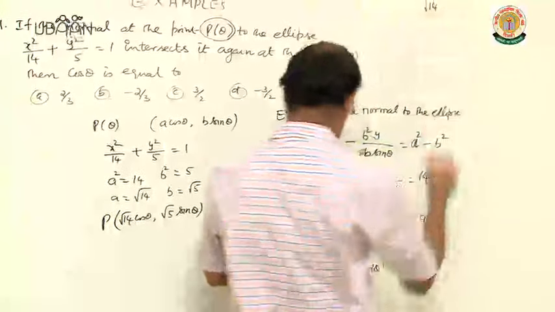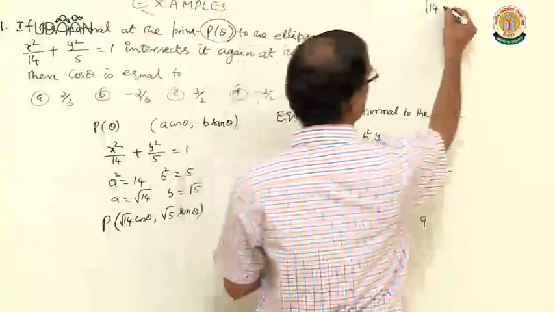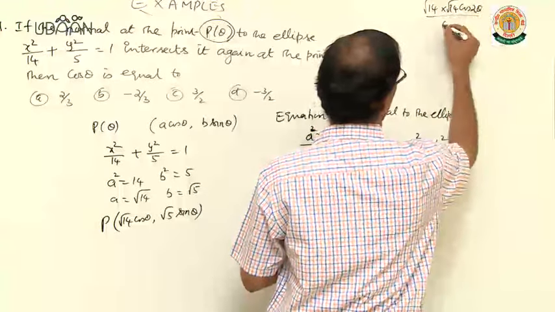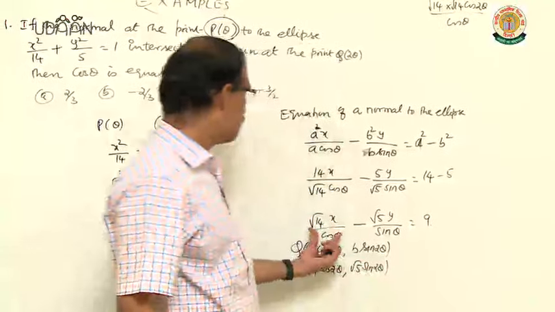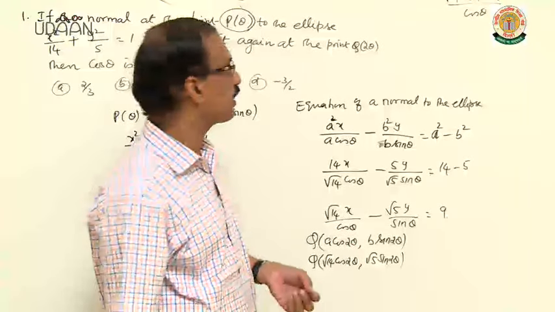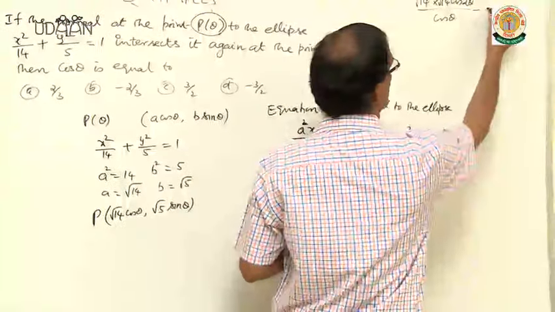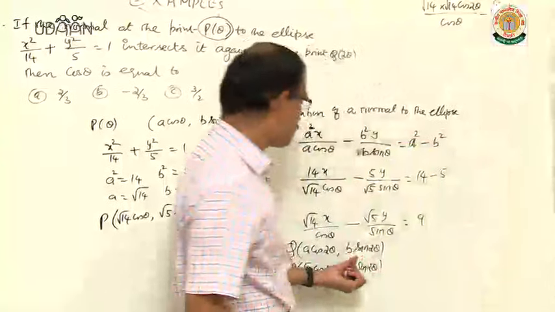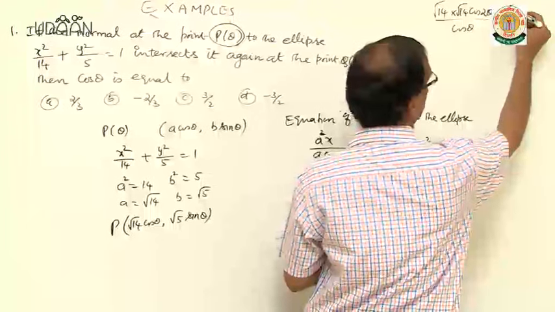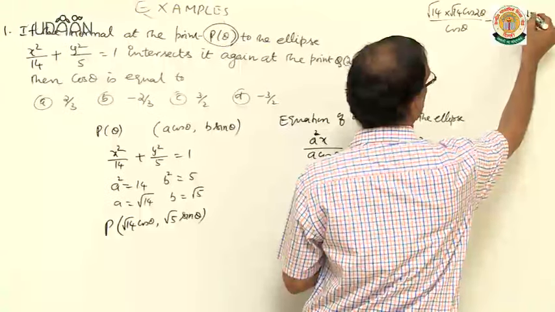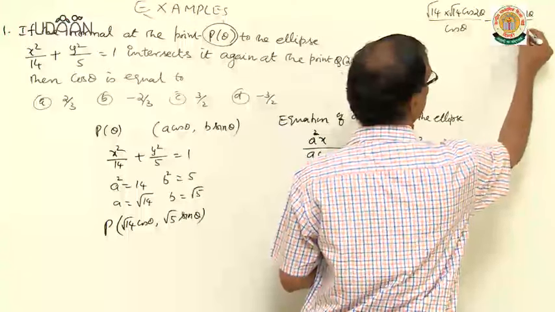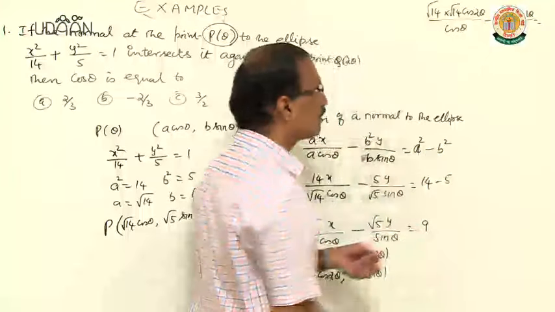So this point lies on this line. Substituting, root 14 into root 14 cos 2 theta divided by cos theta, minus root 5 into root 5 sin 2 theta divided by sin theta, equals 9.